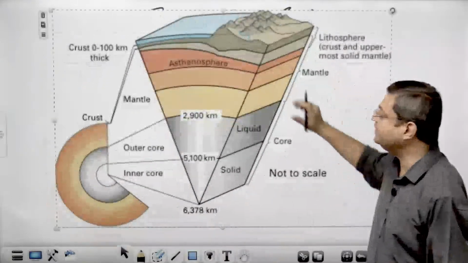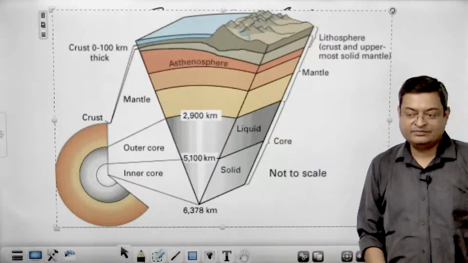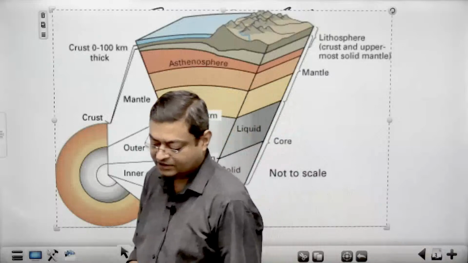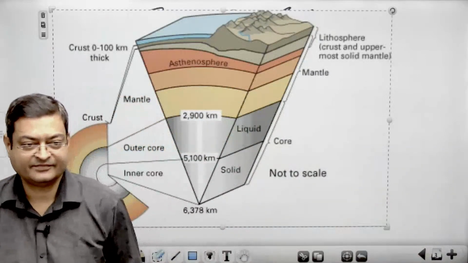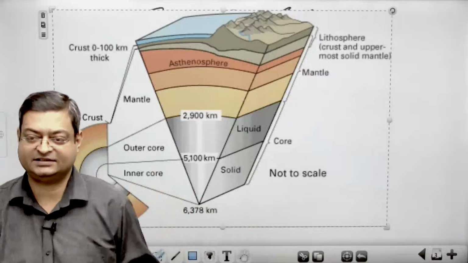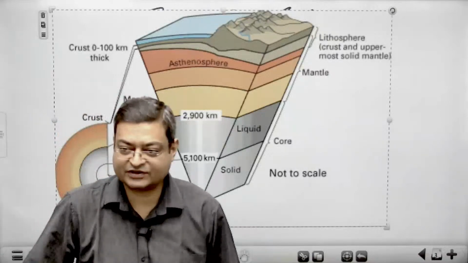So basically we have different layers of earth, and prominently it is being sub-demarcated into three types, that is your core, mantle and the crust. But how did we come to know about this structure? There must be some sources for that to study.